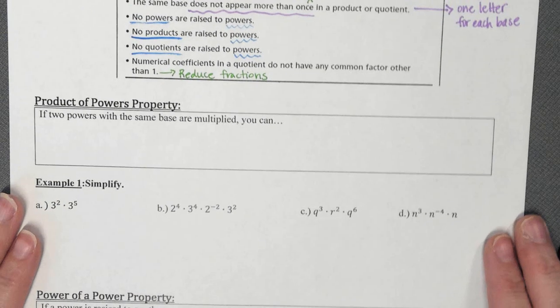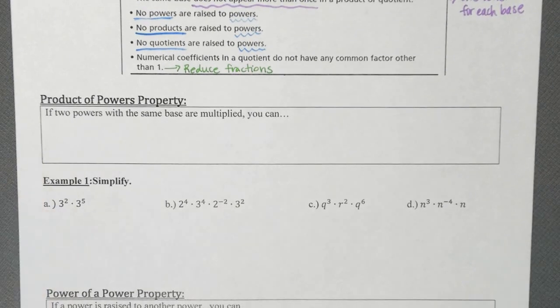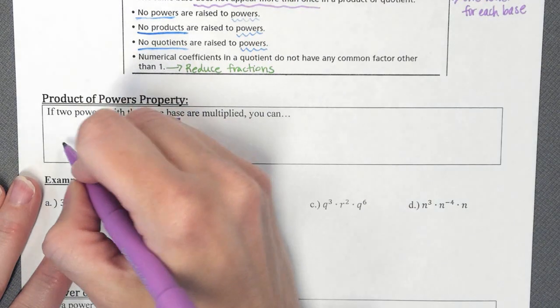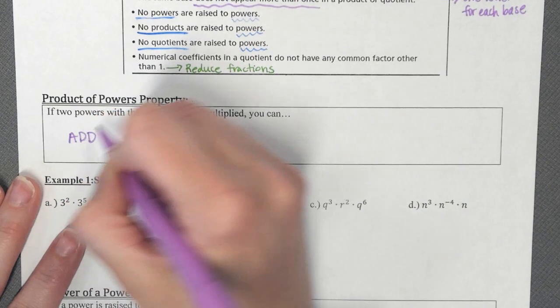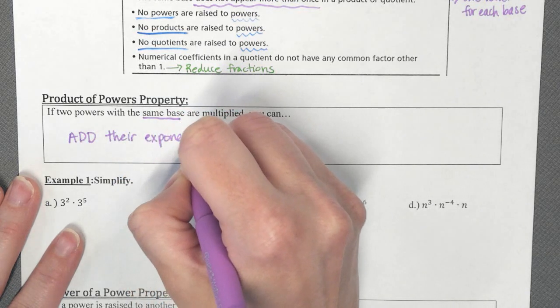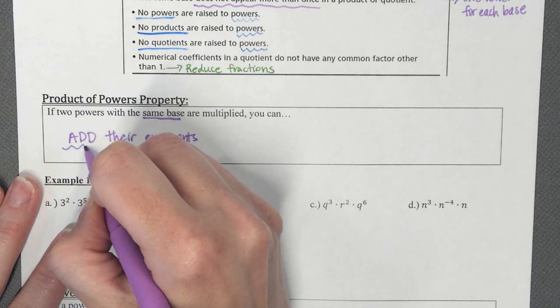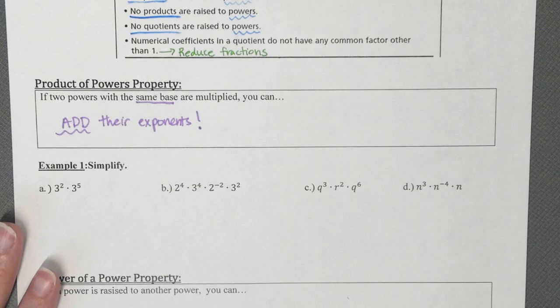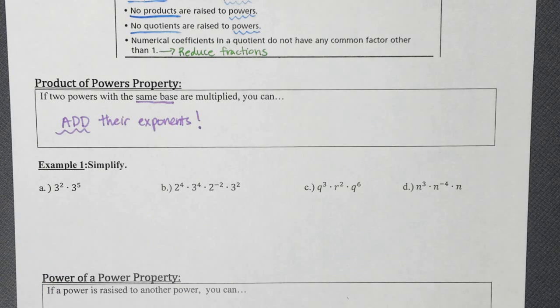Okay. So the product of powers property is what we're going to talk about first. If you have two powers with the same base and they're multiplied, so they have to have the same base, you can add their exponents. Now each one of these is going to have a rule, and the rule is always shown with variables.